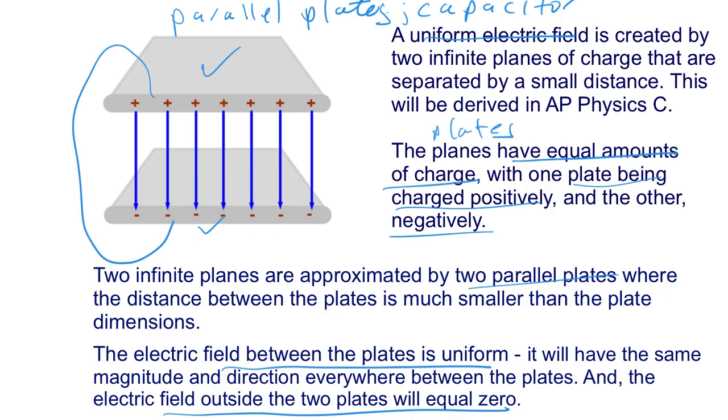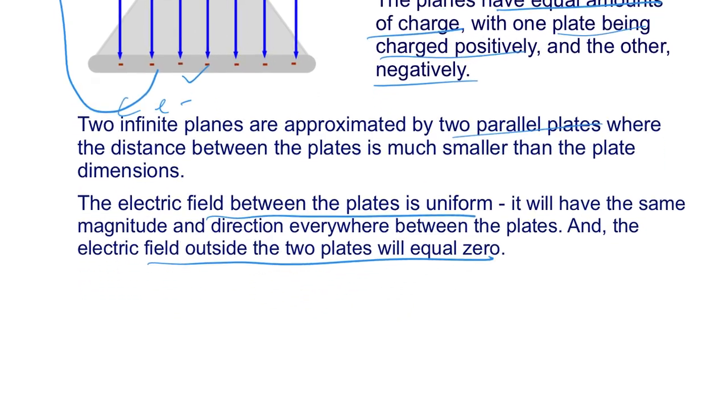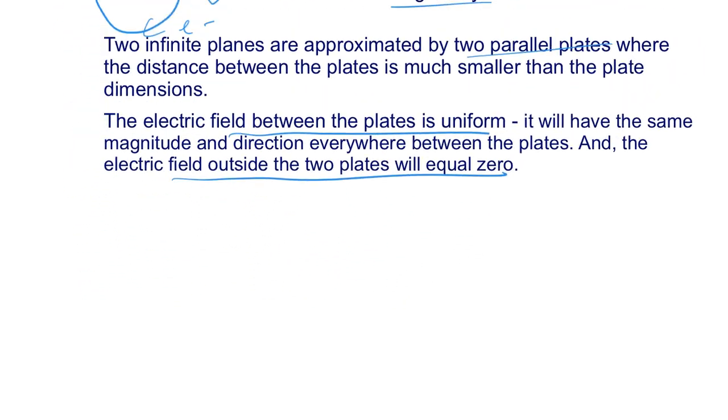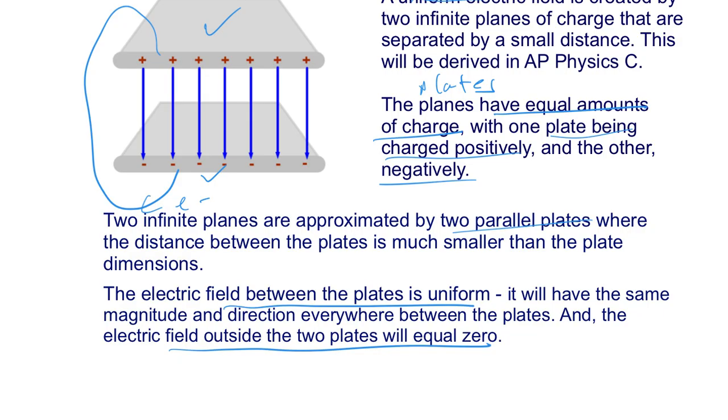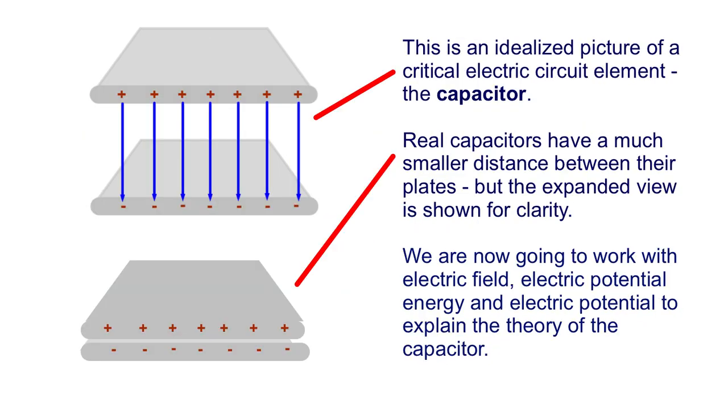Then the electric field will pull the electrons through the wire to the positive plate. Another name for parallel plates is a capacitor.